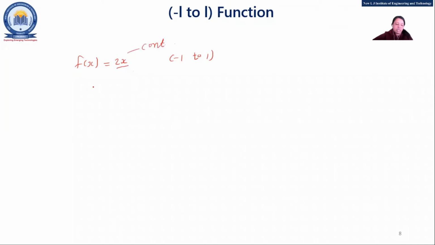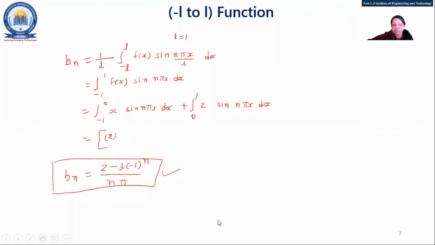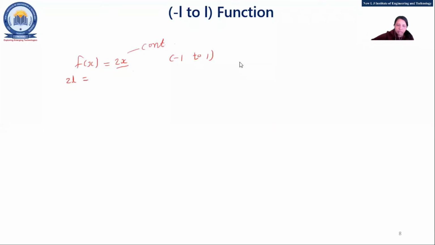Now, what is 2L? Simple, same as the previous case. Just write it into the chat box. Yes, 2, because I told you, minus 1 to 1, two intervals. So obviously 2. And your L becomes 1. Now we will see the concept of odd and even.